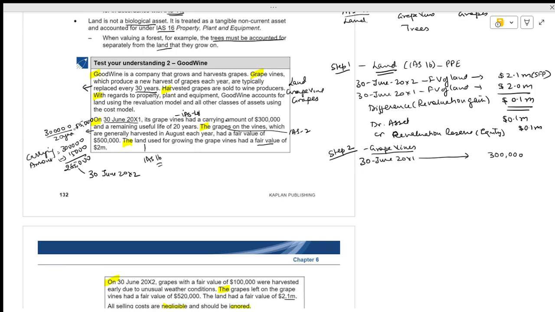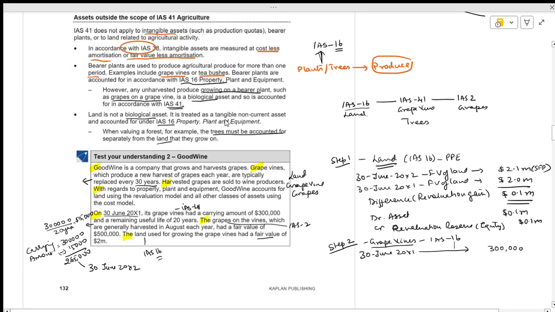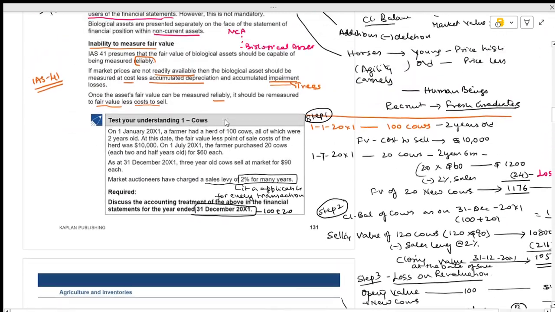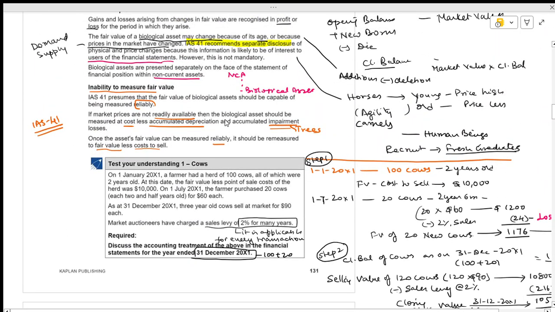Grapevines also account under IAS 16. Keep it in mind, I will come back to this.